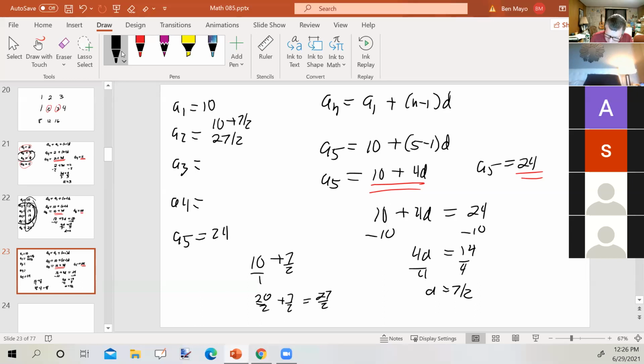It's 27 halves plus 7 halves, which would be 34 halves, but that's exactly 17. Yeah. 34 halves plus 7 halves would be 41 halves, which doesn't come out exact. So let's go in here to WebAssign, and I'm going to have what? 27 halves. Okay. And then 17, and then 41 halves.